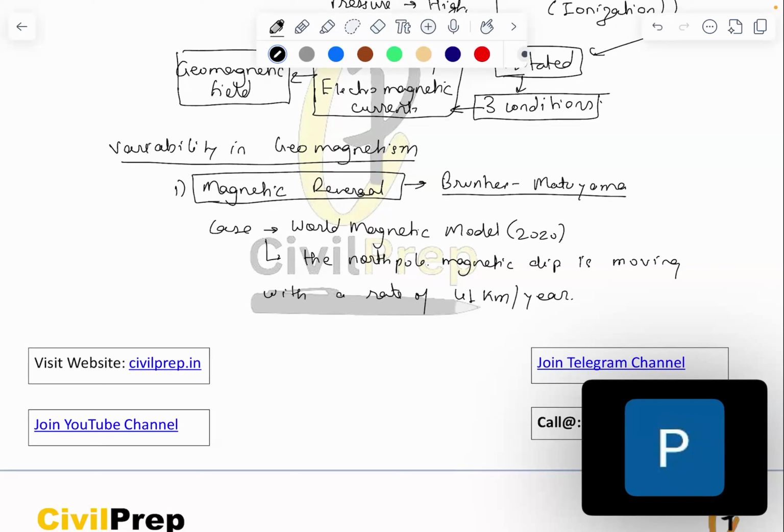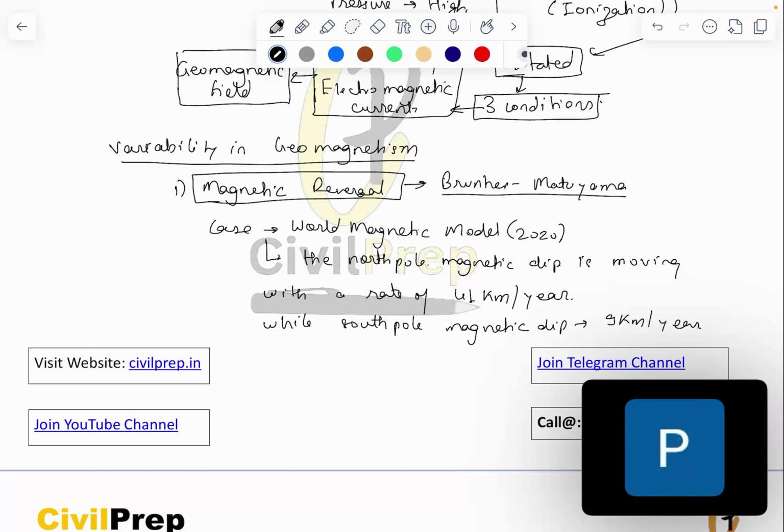Okay, it is moving at 41 kilometers per year, while the South Pole dip is moving by almost 9 kilometers per year.